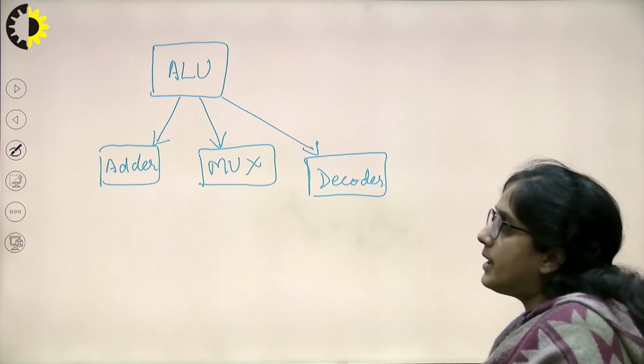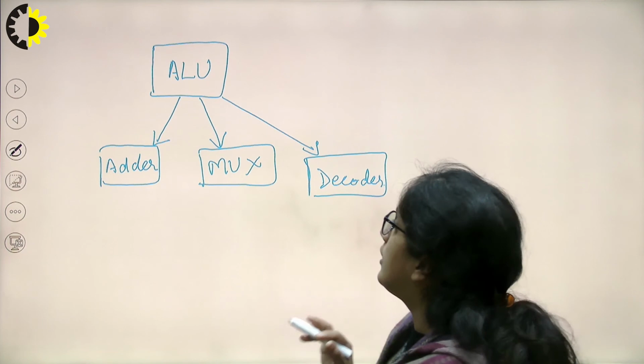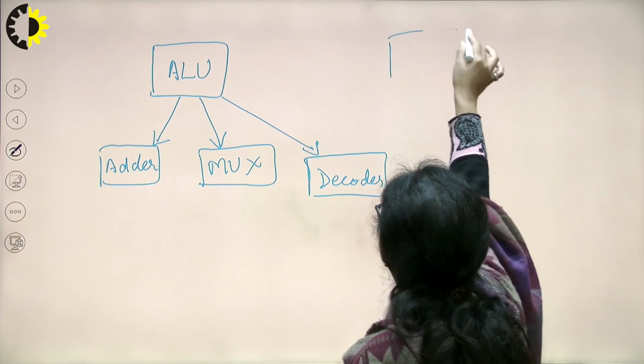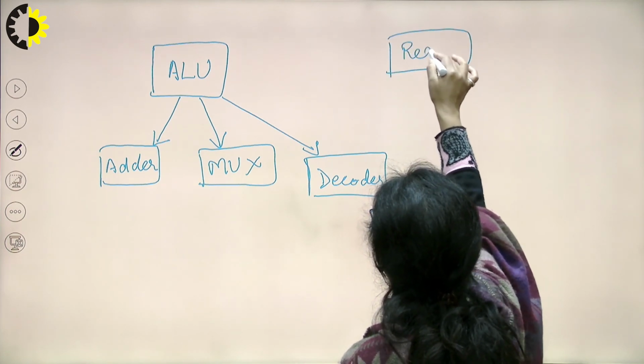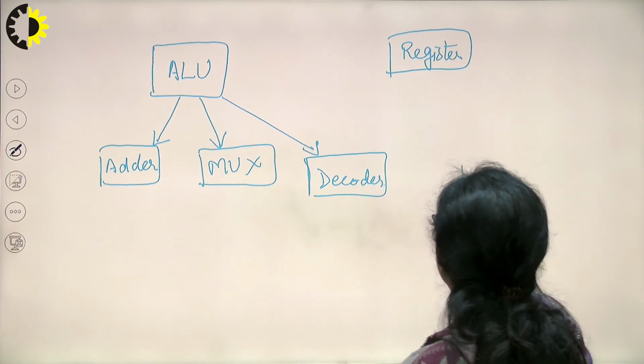A microprocessor is made up of the ALU, registers, and the last part, the control unit.